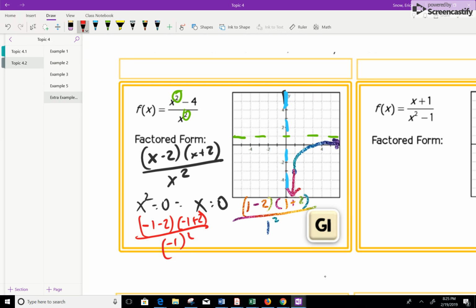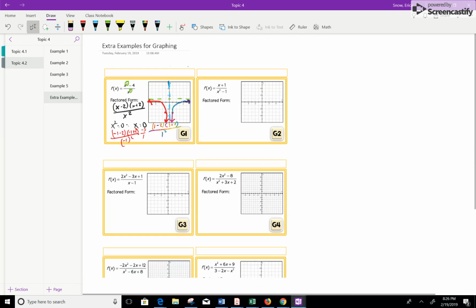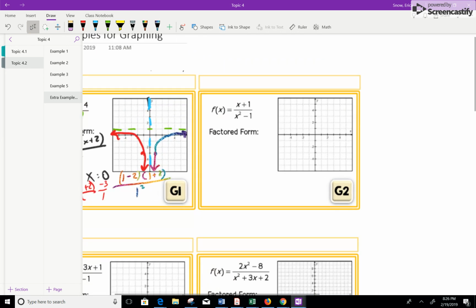So that gives me negative 3 times 1, again, is negative 3 over 1. So I'm going to get negative 1, negative 3, which is this point, and then my graph looks like that. So in this case, our end behavior at that asymptote is the same in both directions.